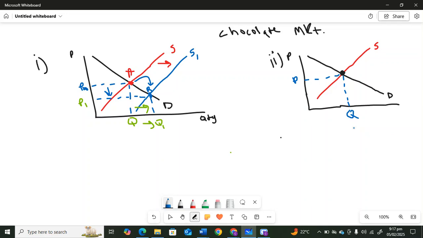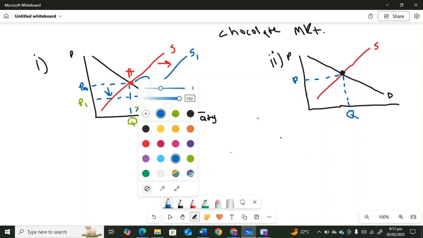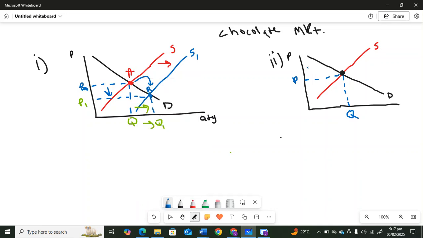First, the demand curve is going to shift downwards to the left. So like this, you label D1 here. Meaning demand reduces, meaning people start buying less or even stop buying this chocolate.